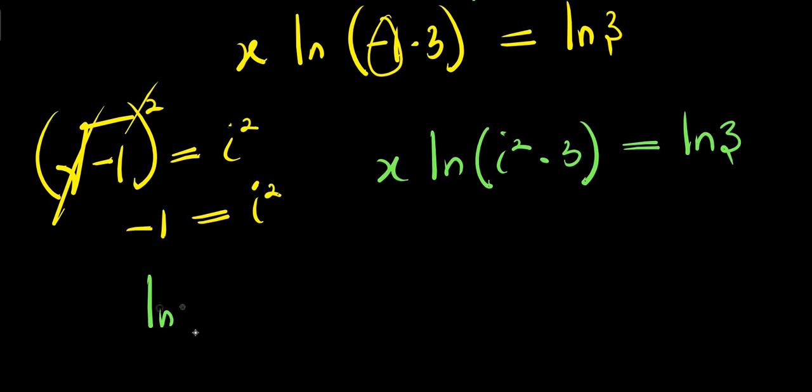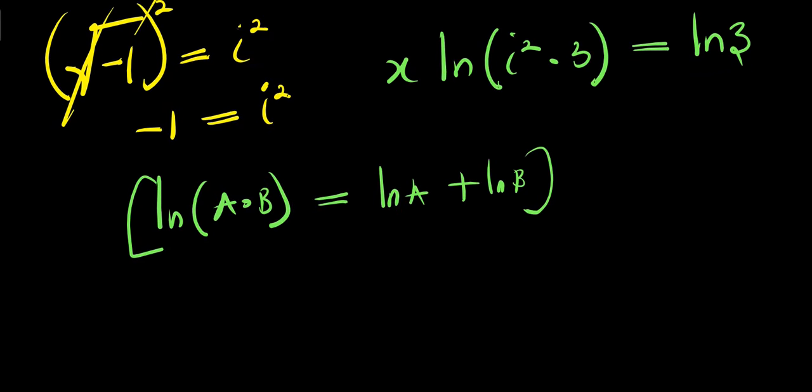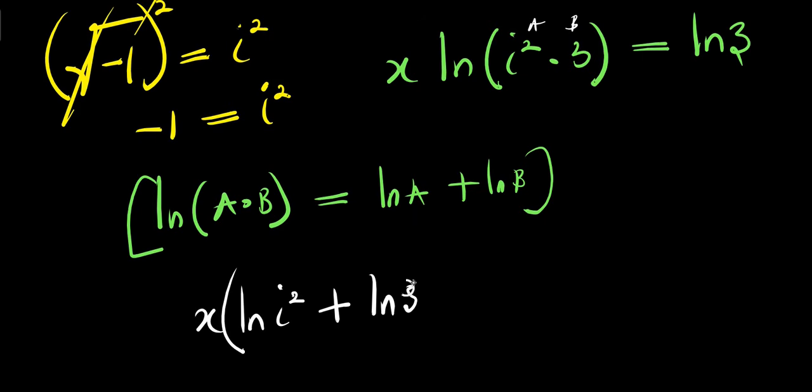So, if you have natural log of a times b, this equals natural log of a plus natural log of b. And from here, we have x times natural log of, this is our a, this is our b, so let's make it x times (natural log of i^2, plus natural log of 3) equals natural log of 3.